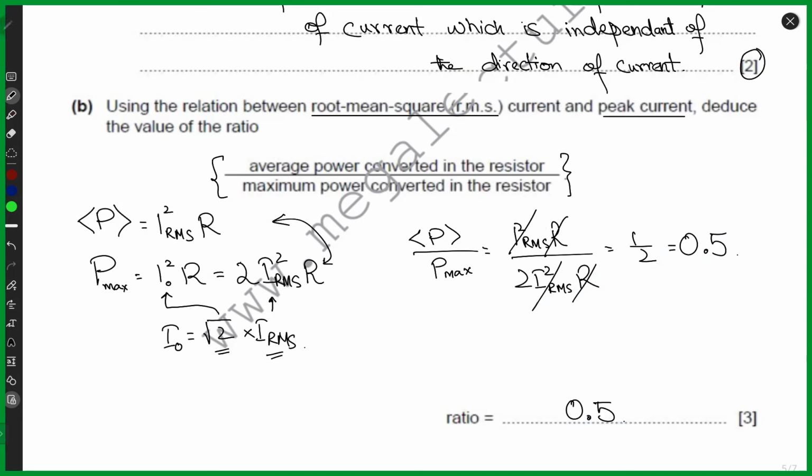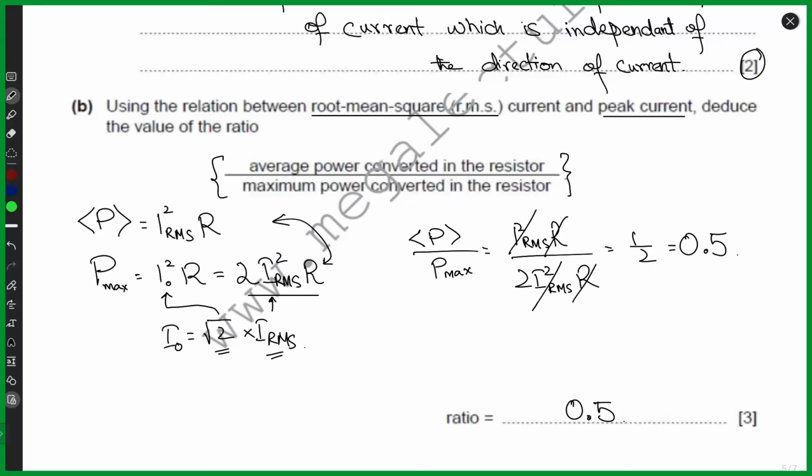Divided by, now let's write I naught in terms of I RMS, which was written over here. So you just put that value 2 I squared RMS times R, and these variables will cancel because there's the same upstairs and downstairs. We're left with 1 by 2. So the answer is 0.5. The ratio is half. Is that clear? Yeah.